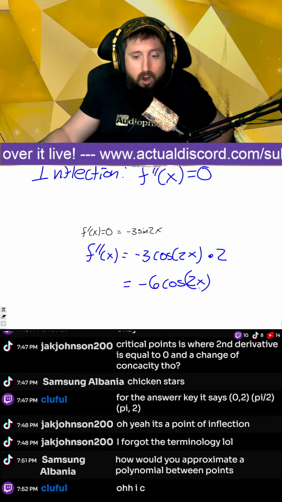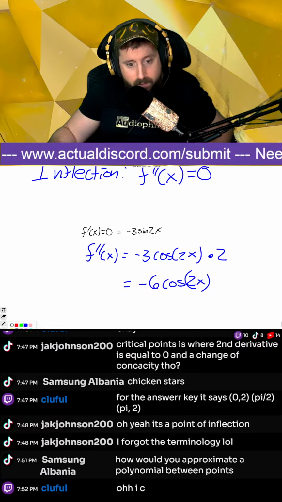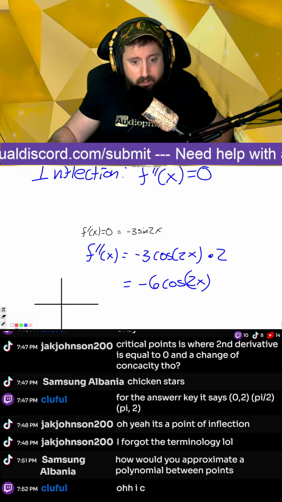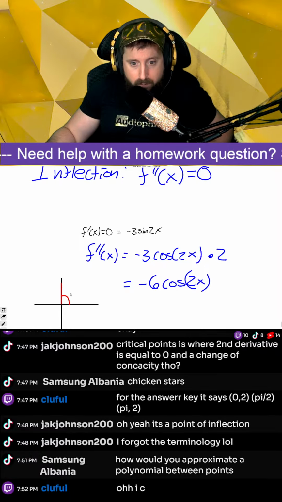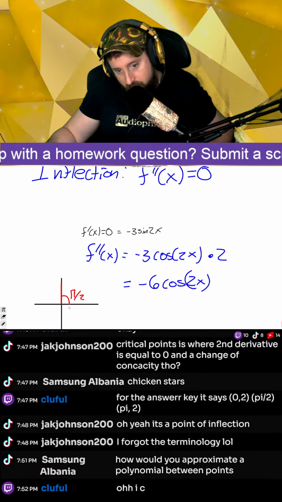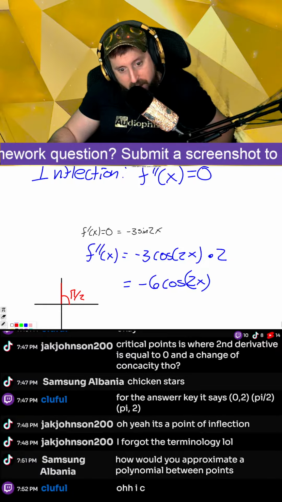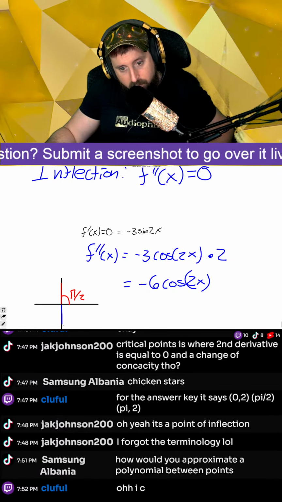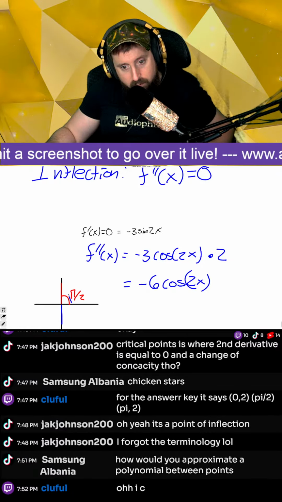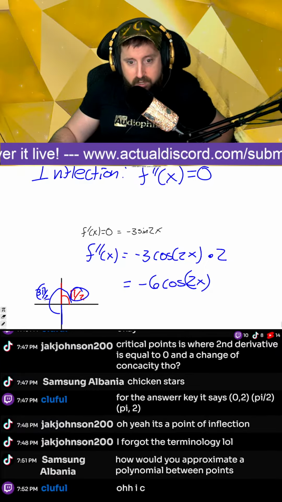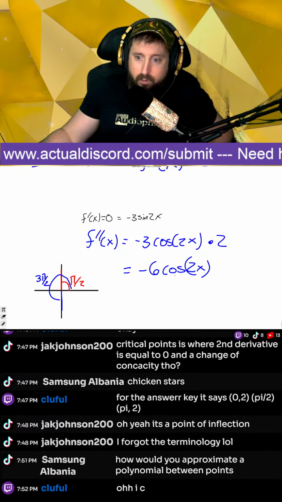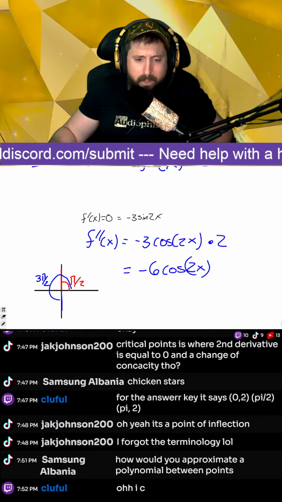Okay. For cosine, that thing is 0 whenever the angle is either pi over 2 or 3 pi over 2. Both of these angles will get you cosine equal to 0. So, looking at this, I'm like, all right, cool.